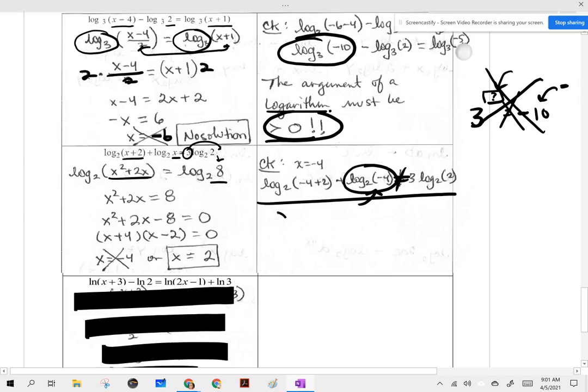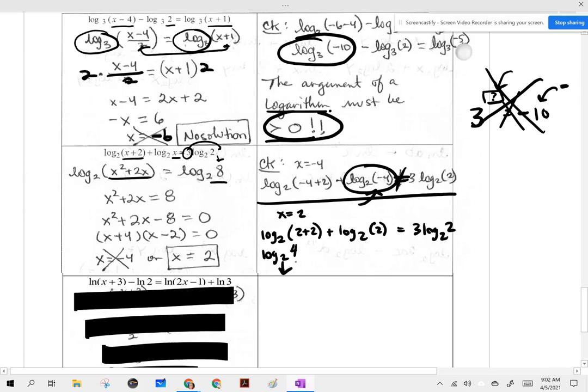So let's check now x equals 2. So I've got log base 2 of 2 plus 2, plus log base 2 of 2 equals 3 log base 2 of 2. All right, so when I do this, this gives me log base 2 of 4.